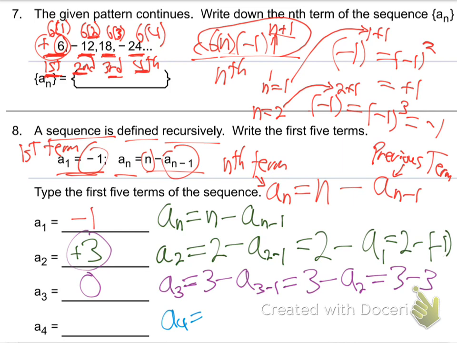Plug in 4 this time. We're going to get 4 minus A sub 4 minus 1, which is 4 minus A sub 3, which is 4 minus 0, 4. Got it? See how it's just going back to the previous term.